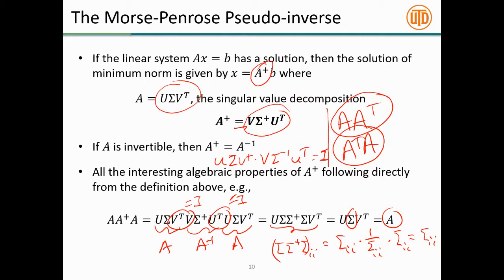But it leads to a lot of nice properties. It lets us solve linear systems, and this decomposition into orthogonal matrices times the diagonal matrix basically has the same properties as it did in the symmetric case.